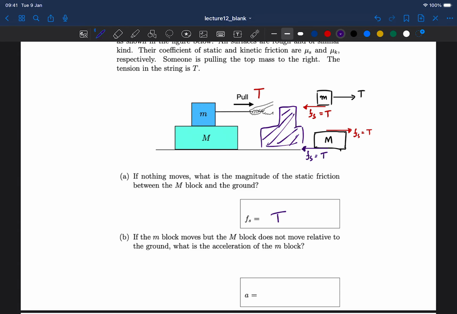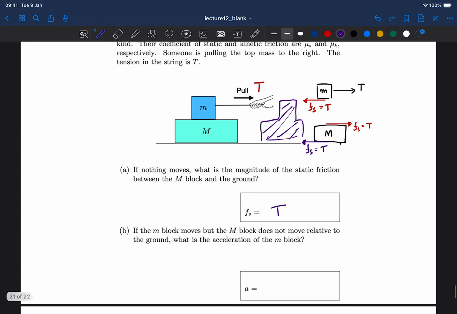So for question B, now it's a little bit more complicated. The small mass moves, but the big mass doesn't move. What is the acceleration of the small mass? Well, the big mass now, you can think of it as part of the ground, right? So the small mass moves, that means the friction you use here is kinetic friction.